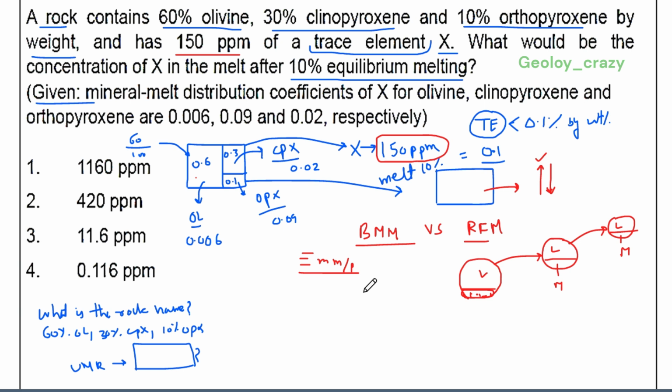Our magma and the source rock it is coming from are together, and magma is being created in this system. Suppose this is our magma, and some crystals are forming here. This crystal will react with the liquid. Suppose this magma is crystallizing, it will react with the initial rock.